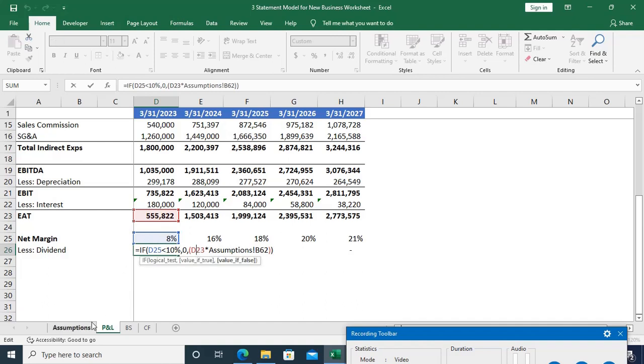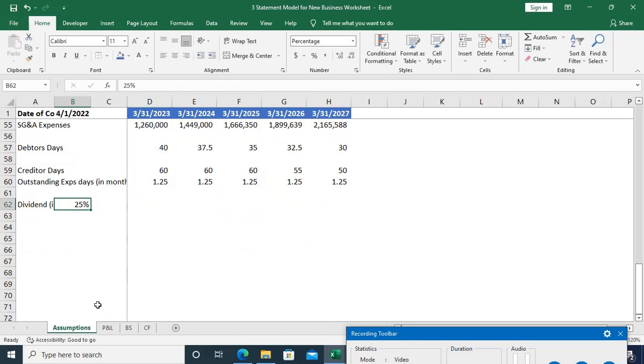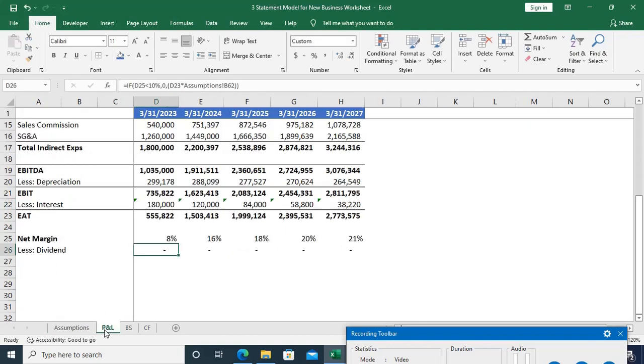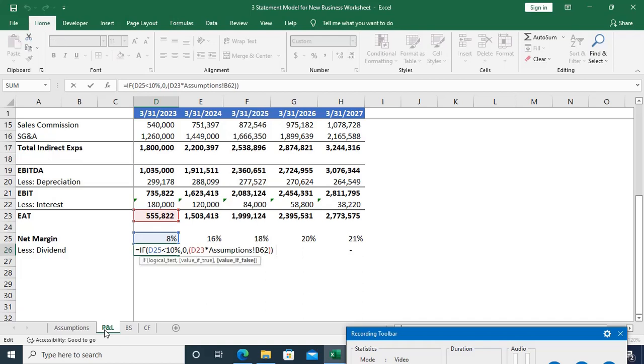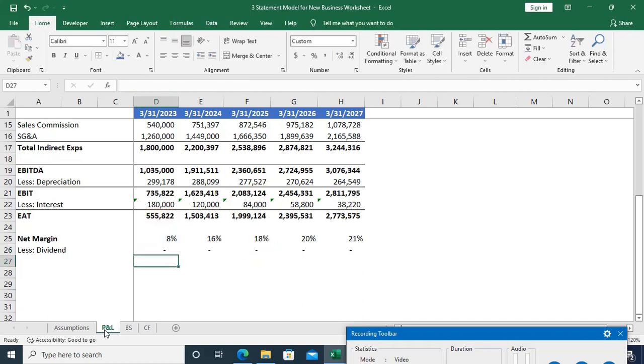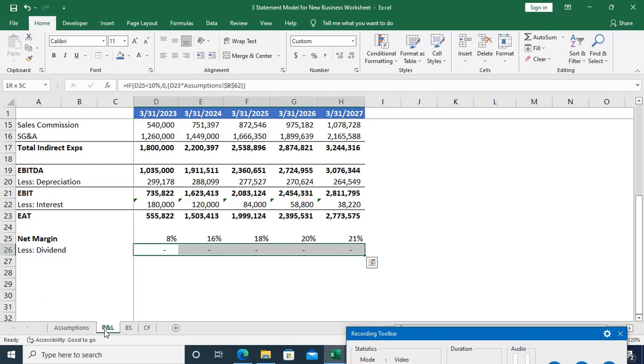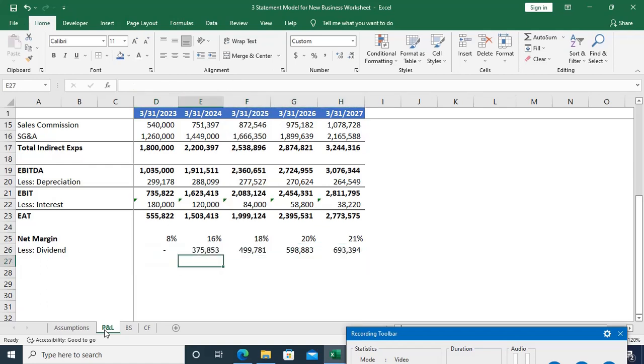We give this earning after taxes 25%. So this thing we have to actually fix. That is this 25% thing, meaning this dividend rate. So this is the dividend appearing.